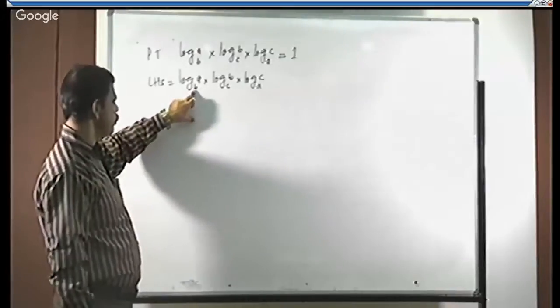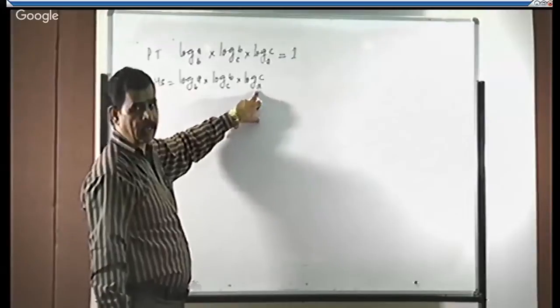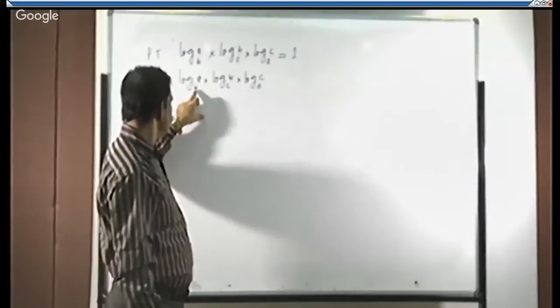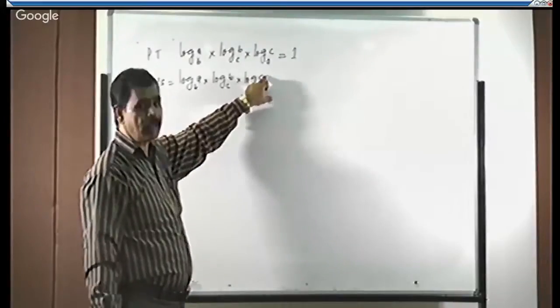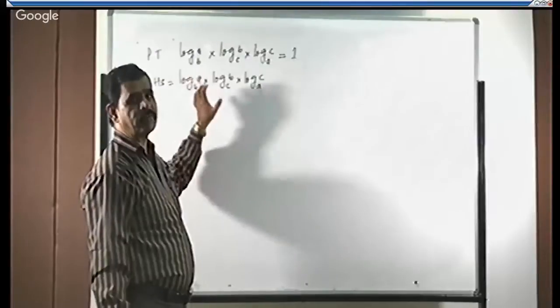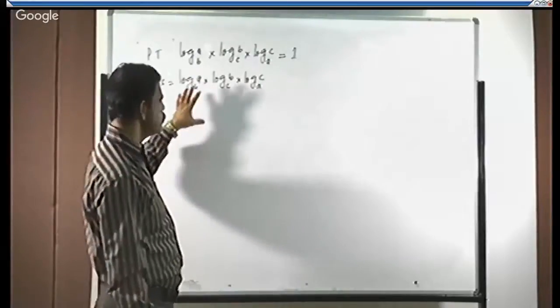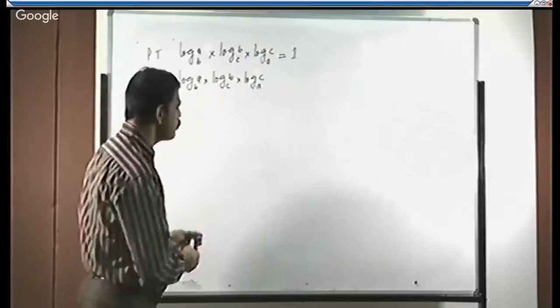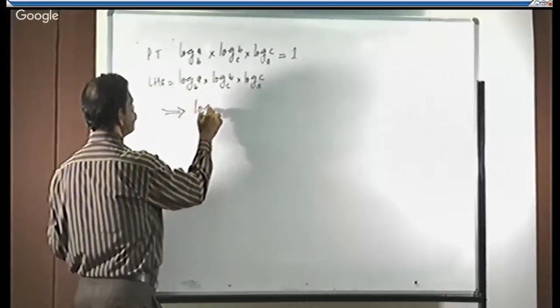The first term has base b, the second term has base c, the third term has base a. And here the base becomes the number in the other term. So if it is the case, you please use the law of change of base. Which law do we have to use? We have to use this change of base.